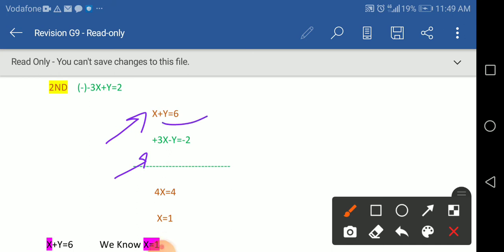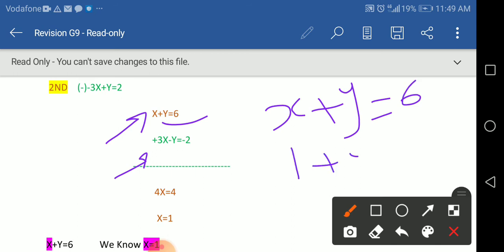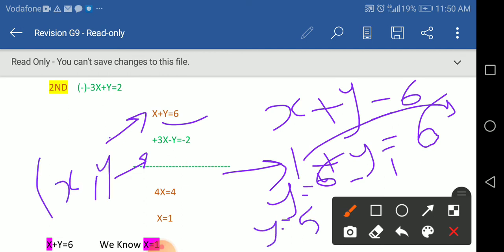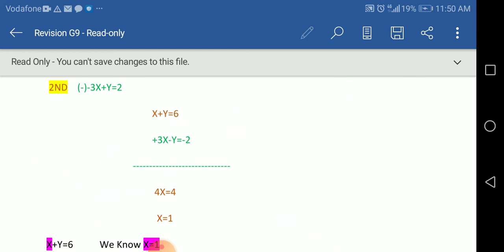Which is simpler? x plus y equals 6, and I have x equals 1. So substitute, put 1 instead of x: 1 plus y equals 6. The 1 goes to the other side as negative, so y equals 6 minus 1, y equals 5. So the solution for x and y will be 1 and 5. Very easy, I think so.